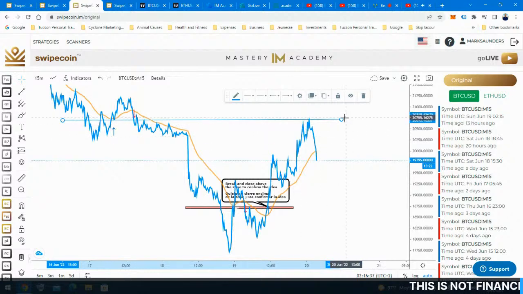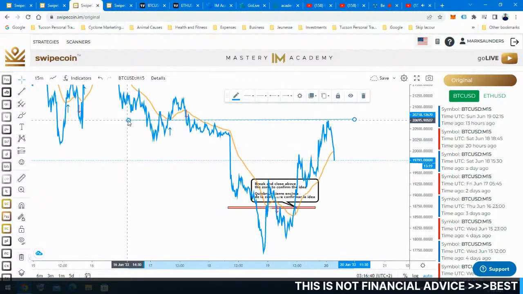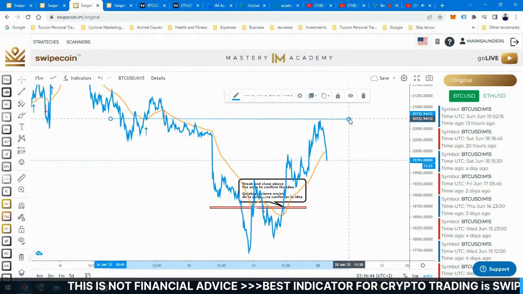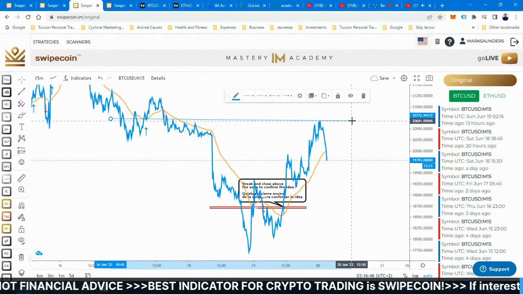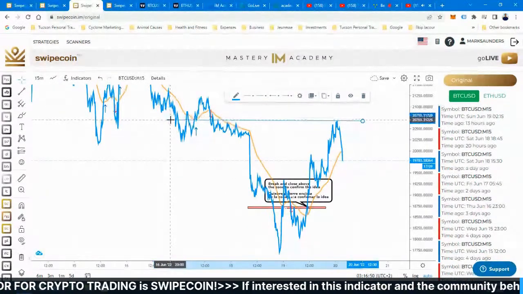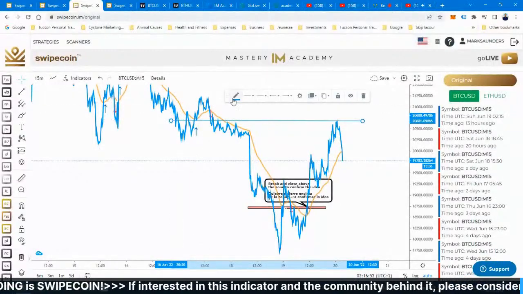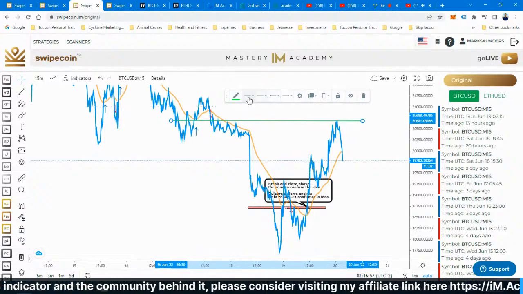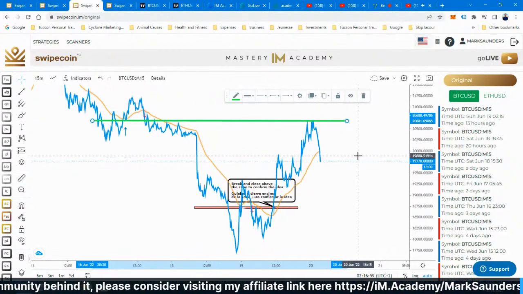See that? So we're looking for 3 to 5 touches. This is far enough for now. So if it breaks above this line, I'm going to consider going scalp long.